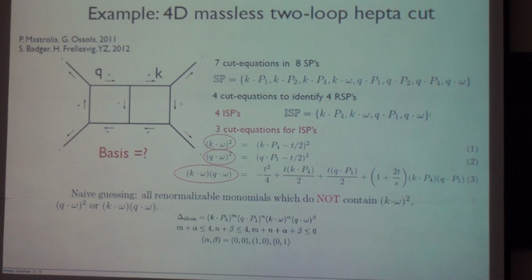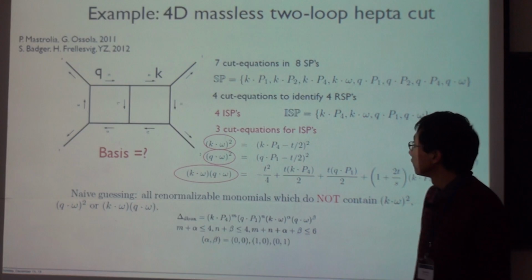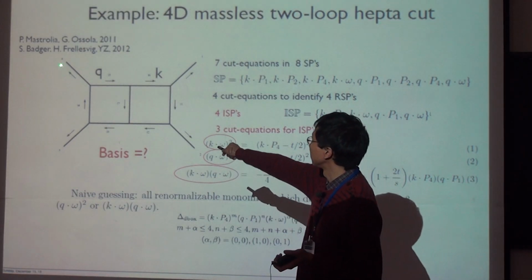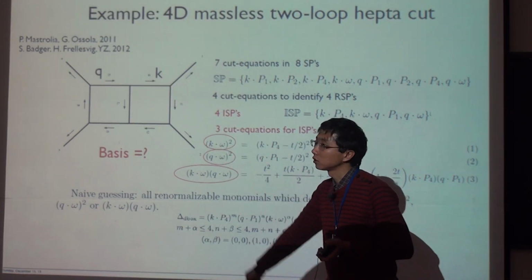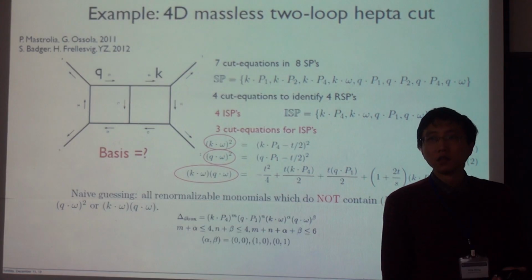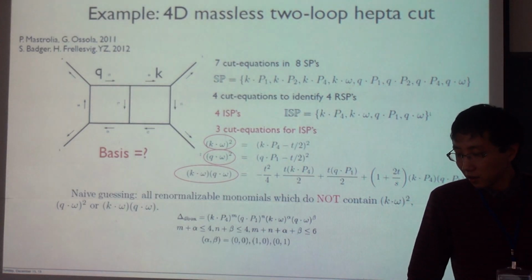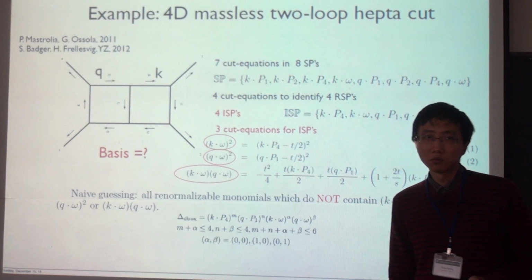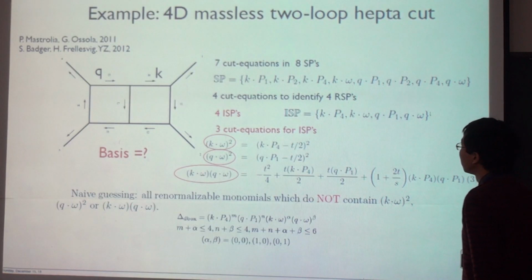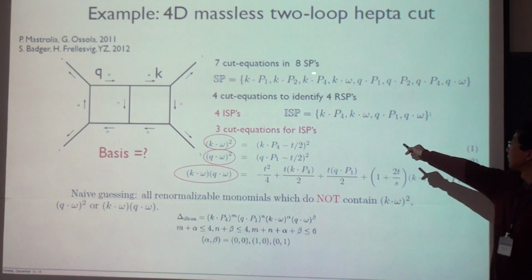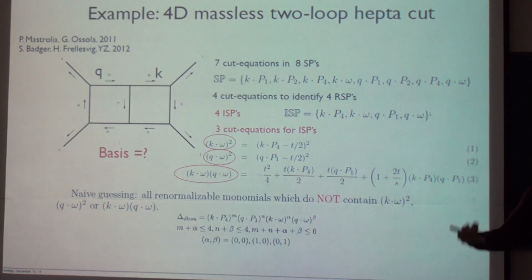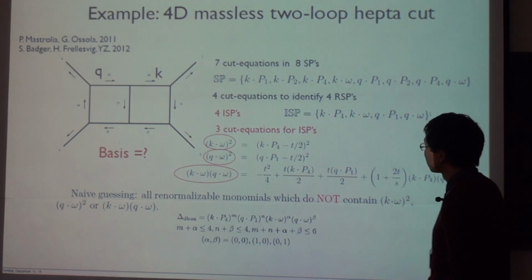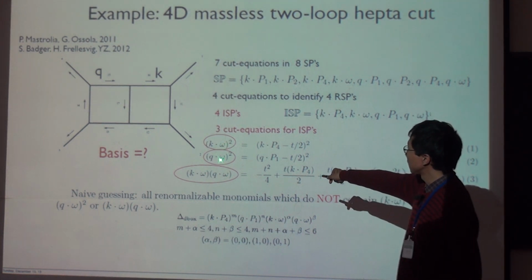Okay, so I'll just give you a simplest example. You can say this is a two-loop diagram. Suppose we do the massless case. You can see that 1, 2, 3 all belong to the QCD amplitude. So it seems that you can directly mimic the process of integrand reduction at one loop. So you can find 8 scalar products, of which 4 are reducible, and you can find 4 variables left.